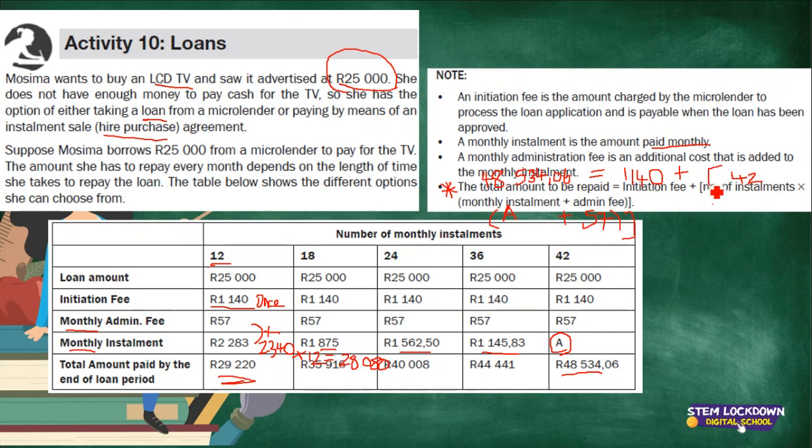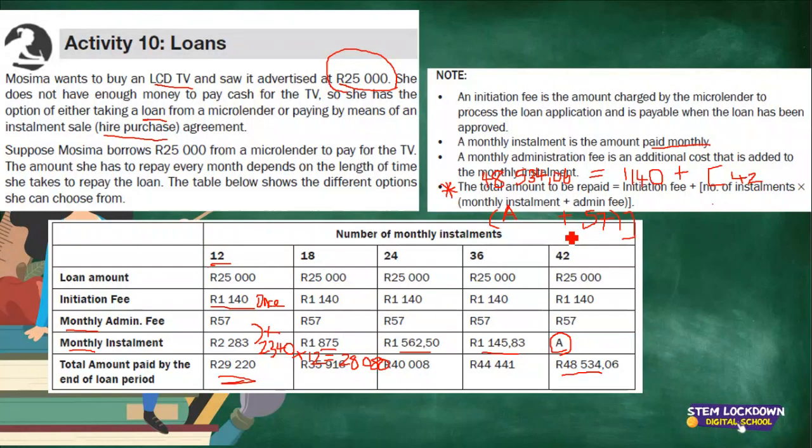Let me give you a couple of seconds for this one. Please respond using the chat option. I want to see your answers for this one. What is the value of A?